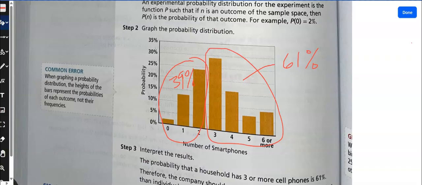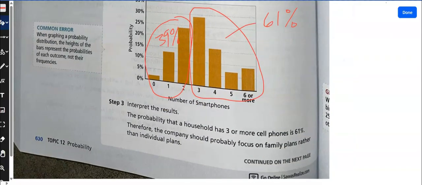Sometimes people find it more useful to have a bar graph than they do to just use the raw numbers. But we have already established 39% for the lower group and 61% for the upper group. So obviously the company should probably focus on the family plans rather than the individuals. At least that's what I would do.